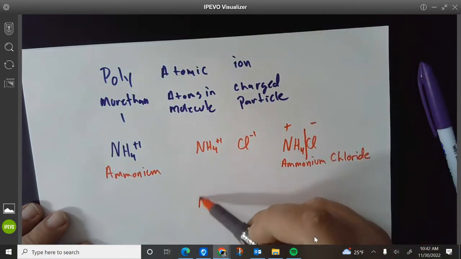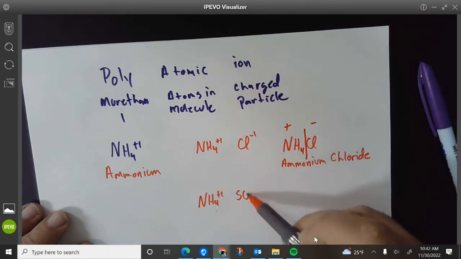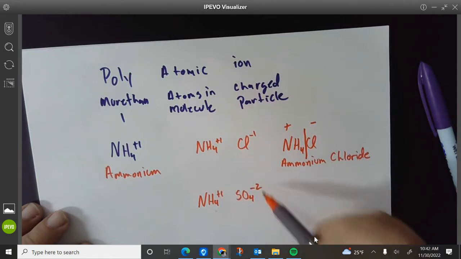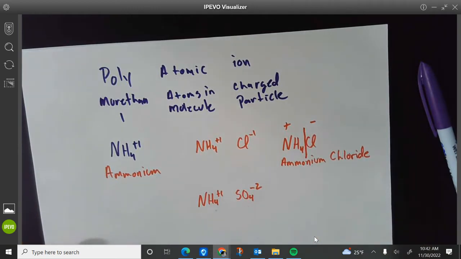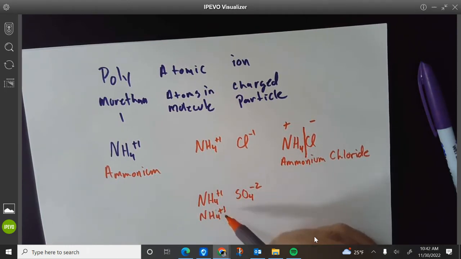All right. What if I have NH4 +1 with something else like sulfate? Sulfate is SO4 with a -2 charge. Which do I have more of, positive or negative? Go ahead. You don't have to raise your hand. Negative. I have more negative, so I'm going to add another positive here. Notice that I'm adding the entire polyatomic ion.